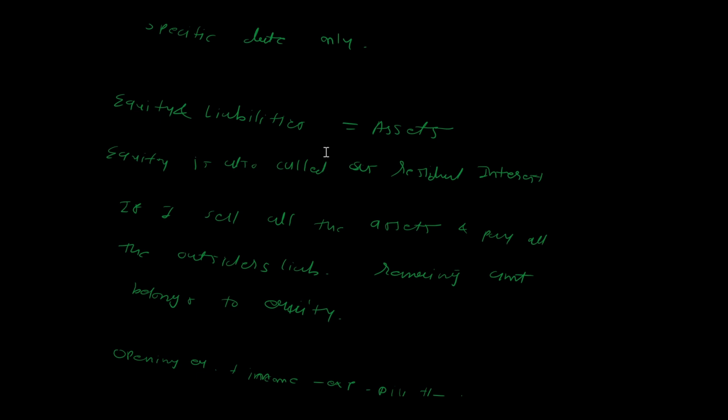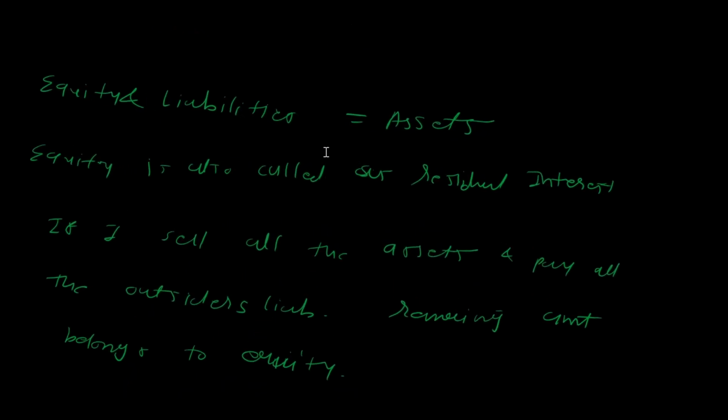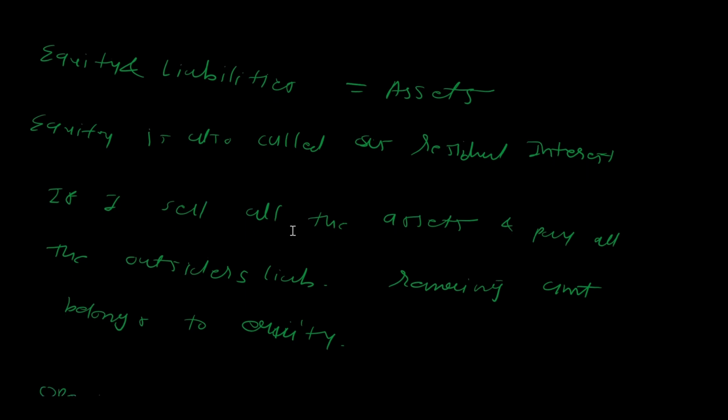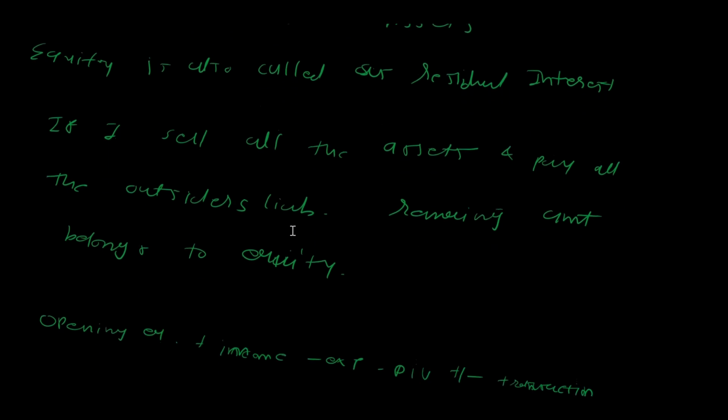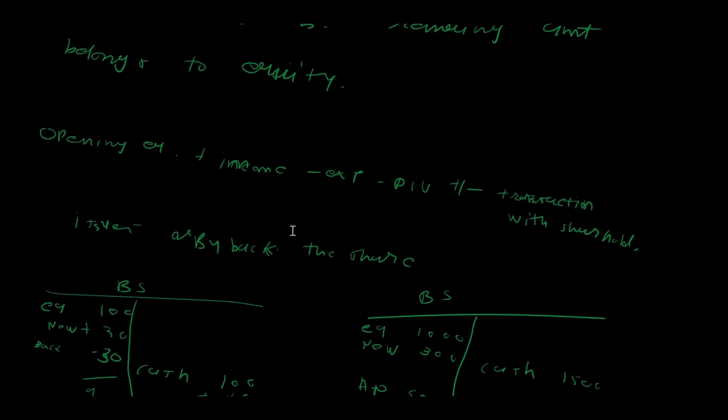And there are two sides of the balance sheet: equity and liability, and assets. Equity is also called the residual interest. If I sell all the assets and pay all the outsiders' liabilities, the remaining amount belongs to equity holders.